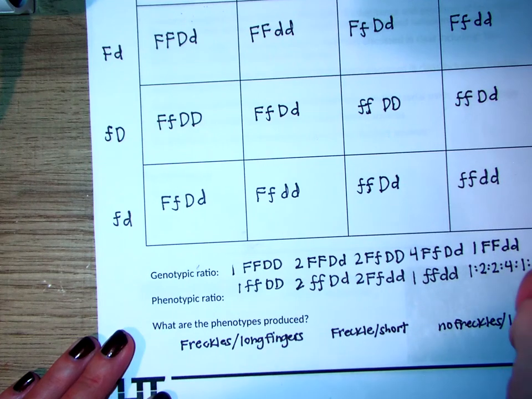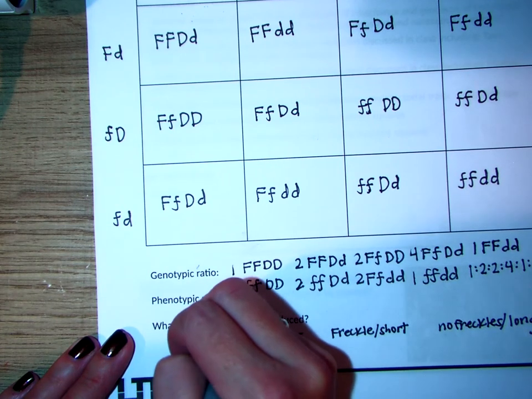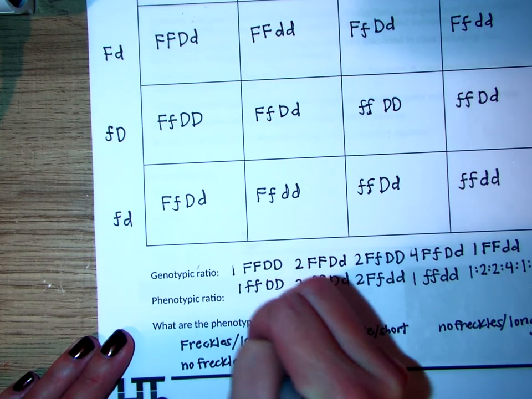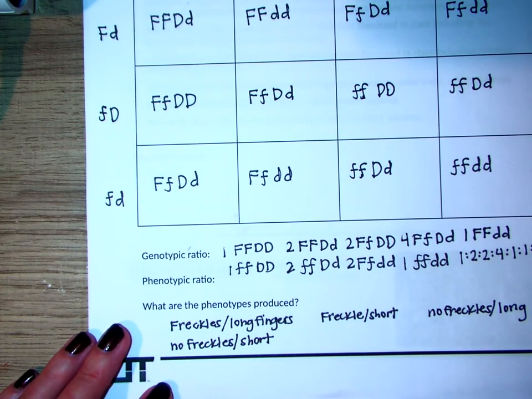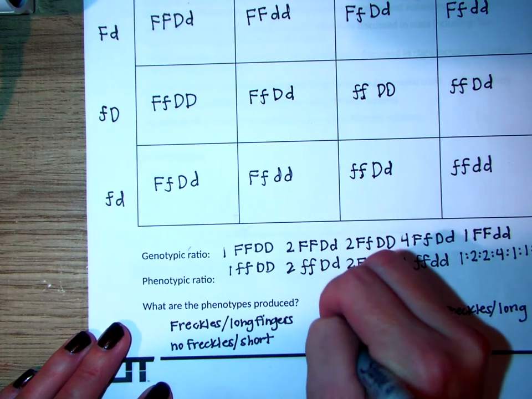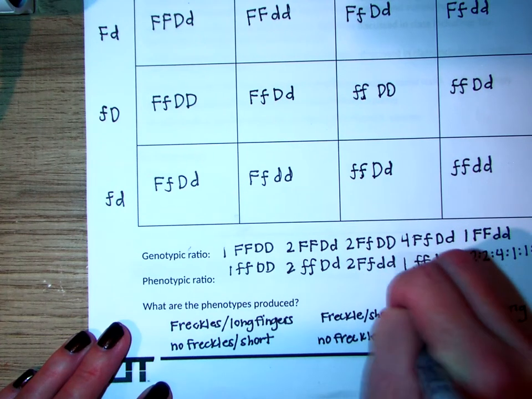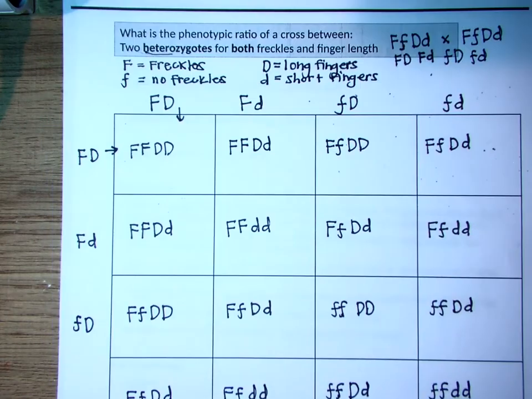We could have no freckles and short fingers. And we could have no freckles and short fingers. Okay, so I'm not doing anything magical here. I'm just looking at the different alleles that we have and how they could possibly combine.